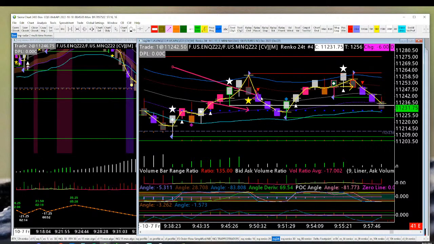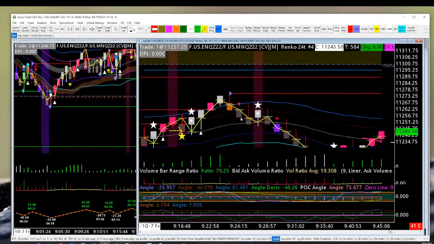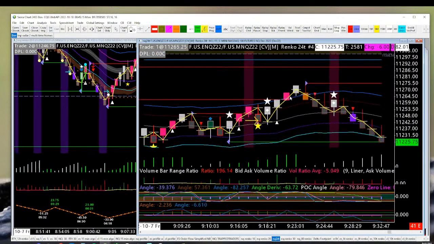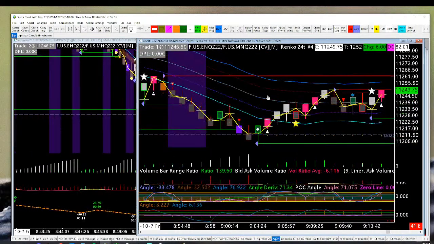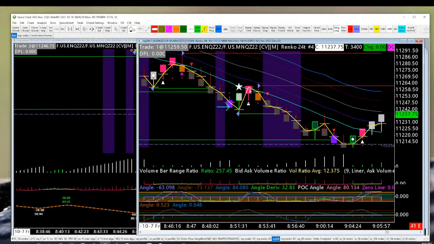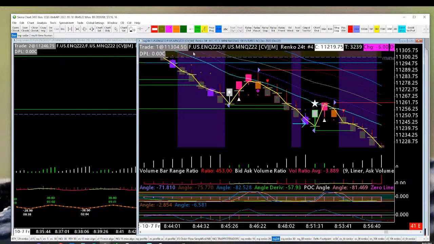So when you get purple bars going down to a pivot low, or pink bars, these are in the middle, but if it goes up to a pivot high, like this, or this, or this, all of these pink bars at the top of these moves, right? These rotations, the pink bars at the top and the purple bars at the bottom are a sign that price is moving, of course, right?